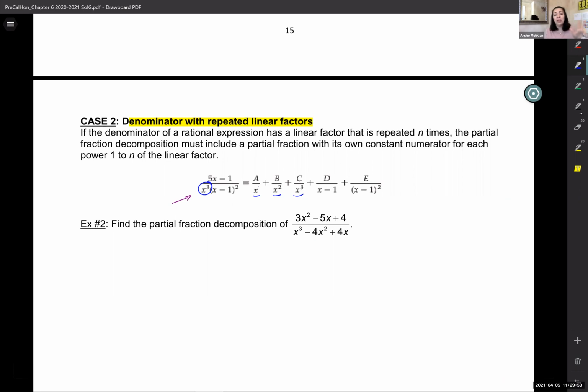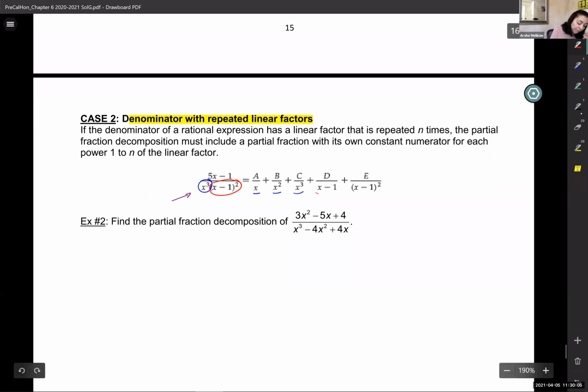You see that? So you build up to that. And then I have x minus 1 squared. The exponent is 2, so I need 2 fractions for it. And you start with the base with an exponent of 1, and you build up to your exponent of 2. Okay? So that's what you have to do.